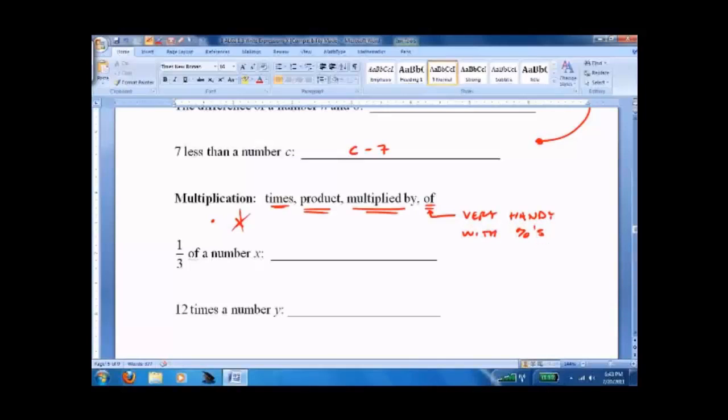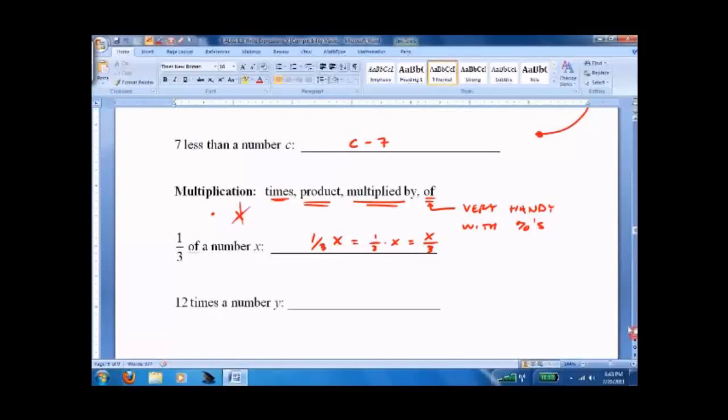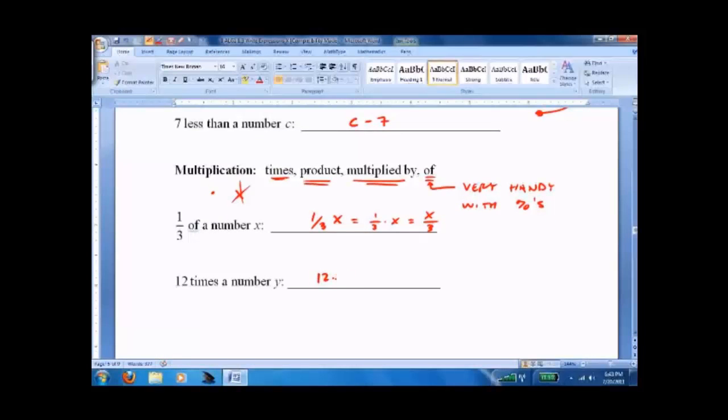So 1/3 of a number x is 1/3 x. You can also write it as 1/3 times x. You can also write it as x over 3. But we'll get to more of that later. 12 times a number y. 12 times y. Or once you get into algebra, you write it properly as 12y.